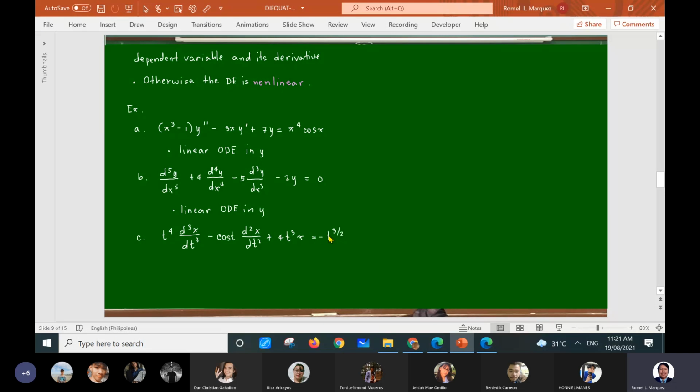So this one, look at the dependent variable x, independent variable t. We don't look at the independent variable, we just look at the dependent variable and derivatives. So okay here, linear. What about the x? Is it linear? Yes. So this is a linear DE. Linear DE in what variable? Linear ODE in x. Okay, guys?